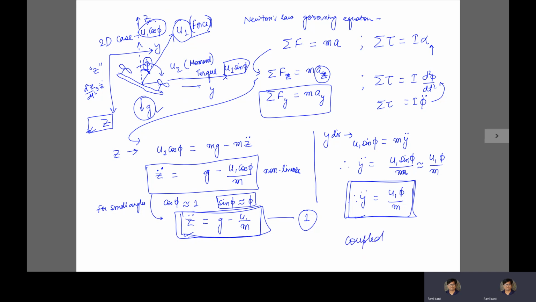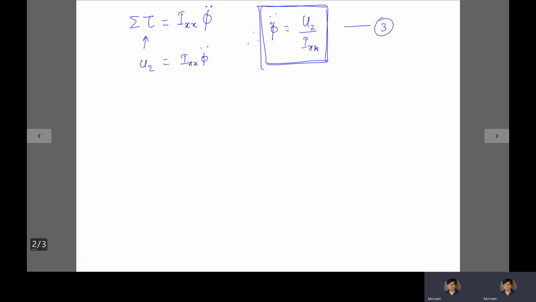That is why the dynamics of a drone is quite complicated. You can see z double dot is over here, you have phi over here. This phi is again a variable, and the information of phi is coupled from this equation.